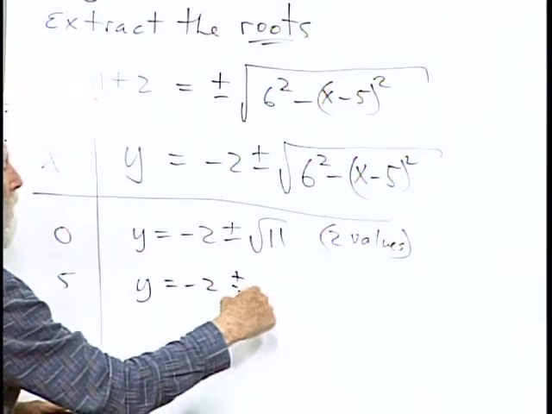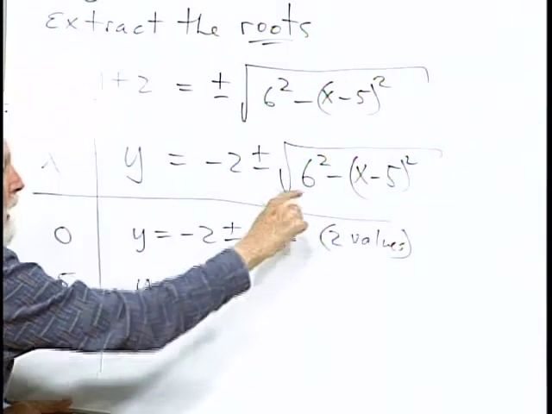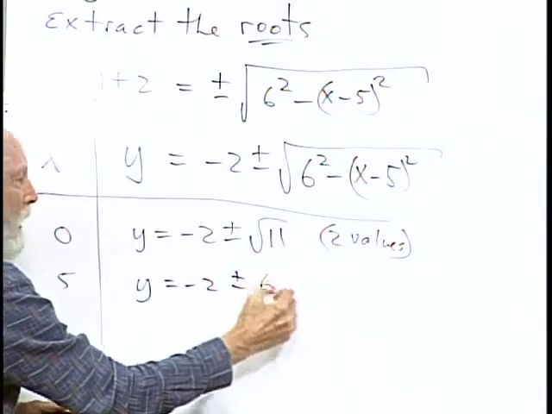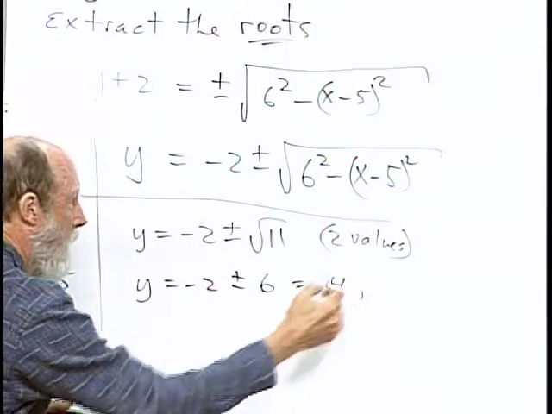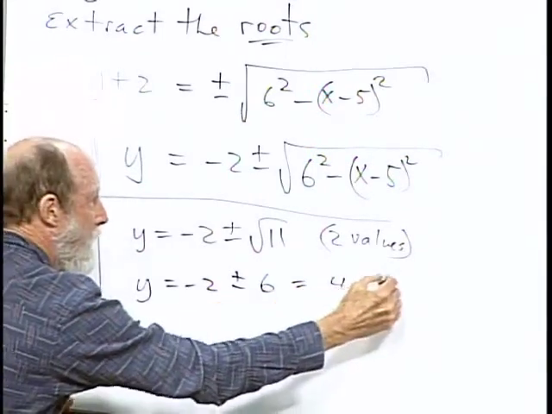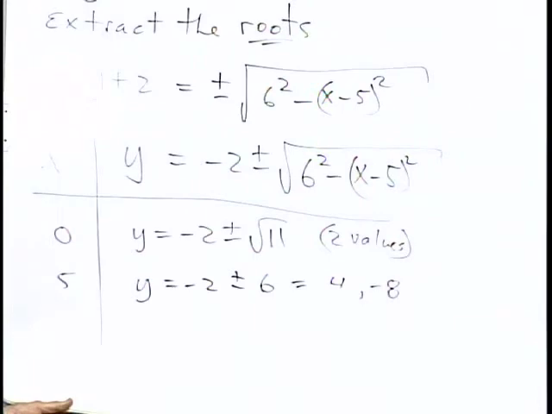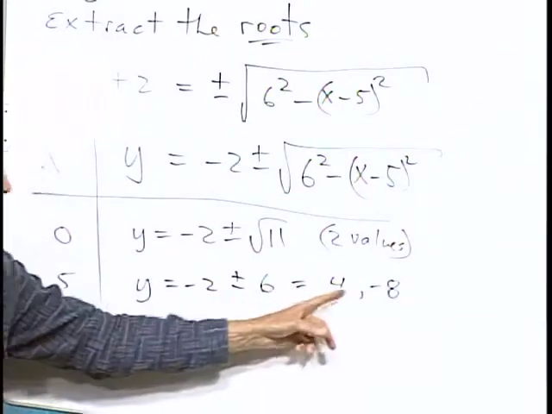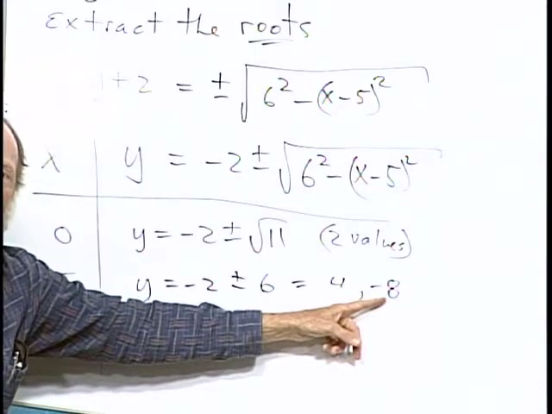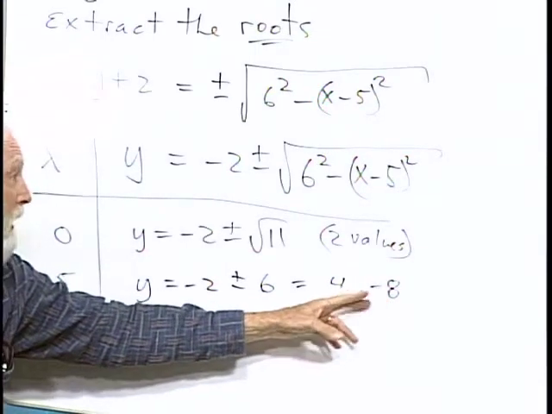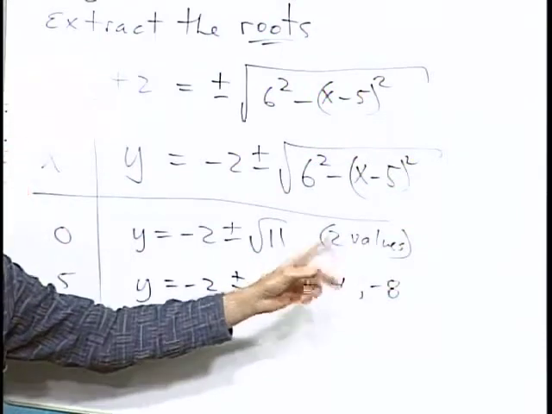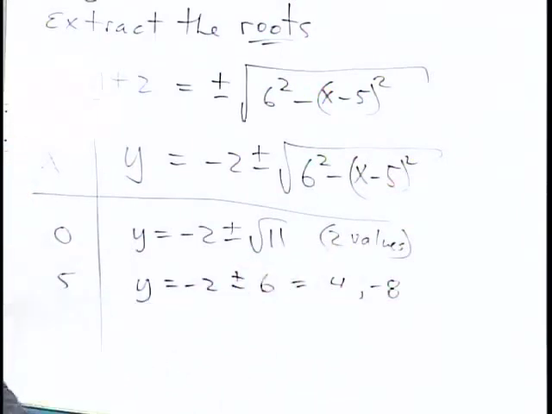Plus or minus the square root of 36, which is 6, and I end up with 2 values coming out of here. I get a 4 or a negative 8, which you saw in the sketch was the top and the bottom of our circle. Top and bottom locations on the y values. Again, 2 values, not a function. So how do we turn this thing into a function?